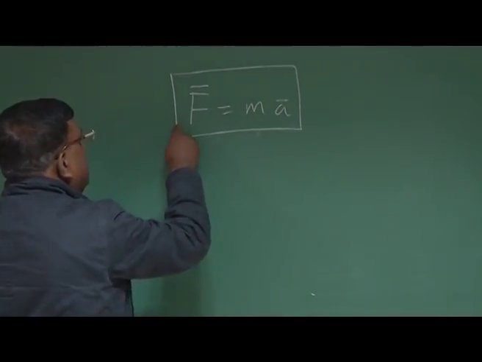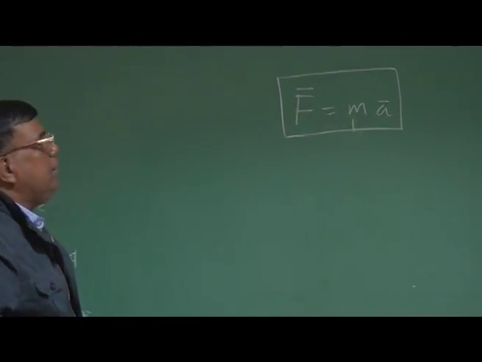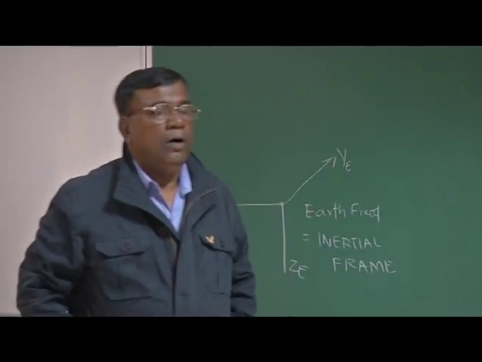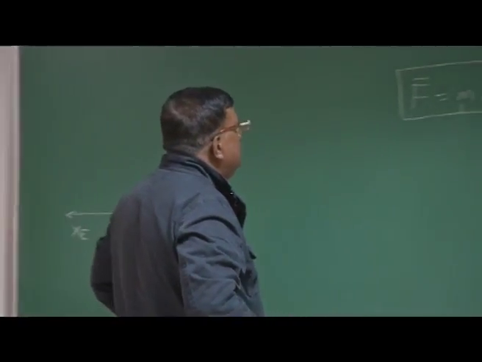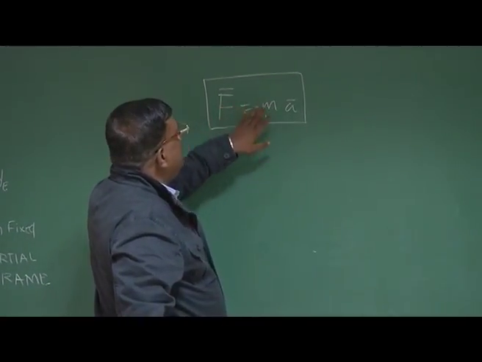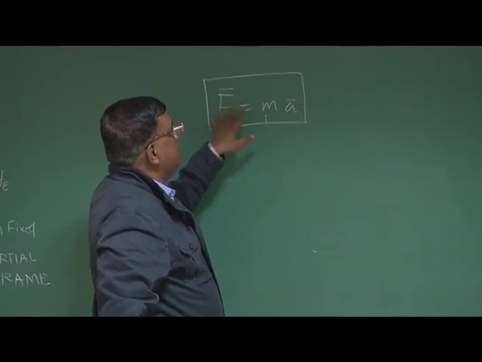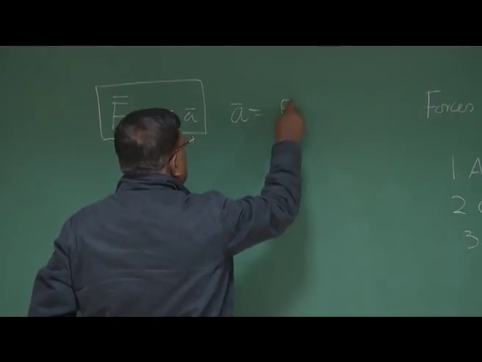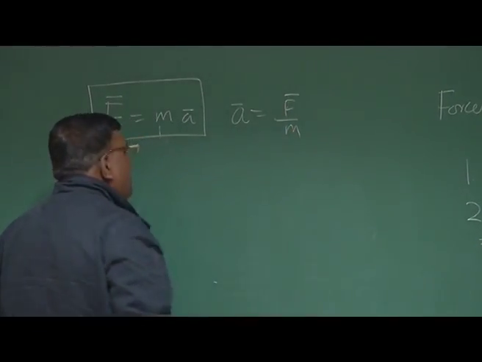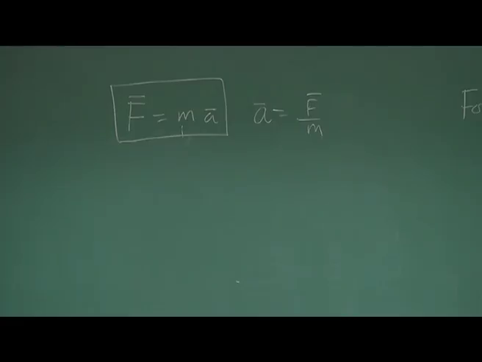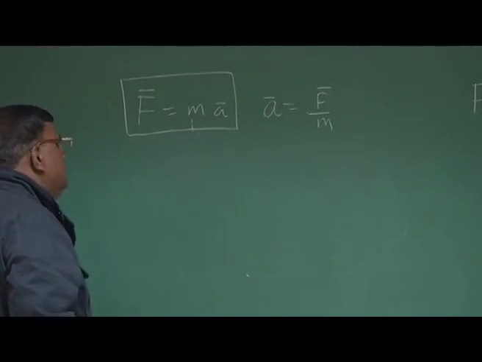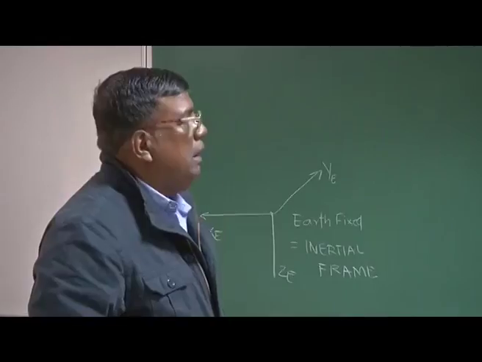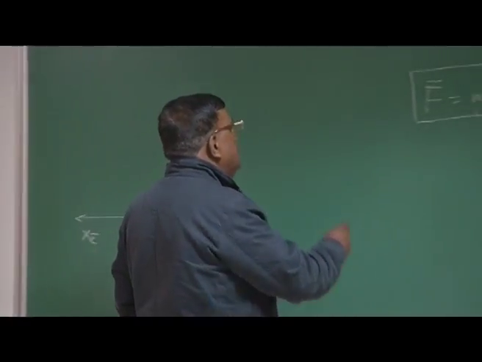If we apply an external force F on mass m, then F and acceleration are related like this, or I can interpret it like this: if I apply a force F on mass m, I know how much acceleration it will generate. What was the assumption here? This is valid as long as I am applying this in an inertial frame.